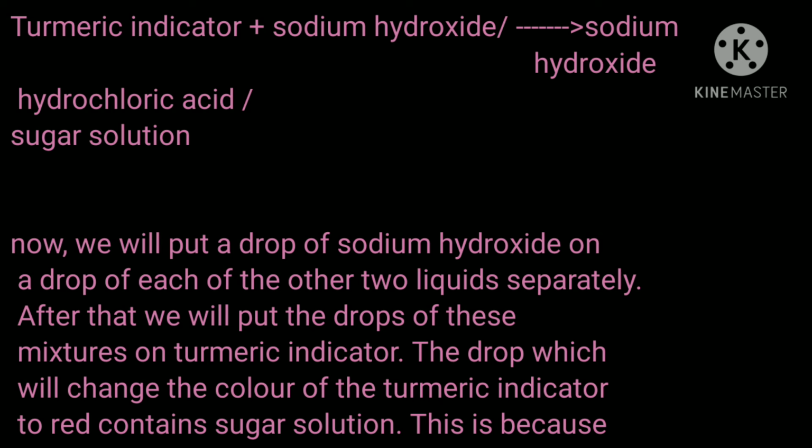Now we will put a drop of sodium hydroxide on a drop of each of the other two liquids separately. After that, we will put the drops of these mixtures on turmeric indicator. The drop which will change the color of the turmeric indicator to red contains sugar solution.